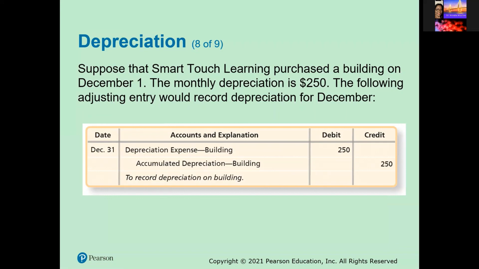The monthly depreciation is $250. The adjusting entry would record depreciation for December by debiting depreciation expense building, and crediting accumulated depreciation building for $250. So here you see depreciation expense building is debited for $250 and accumulated depreciation building is credited for $250.